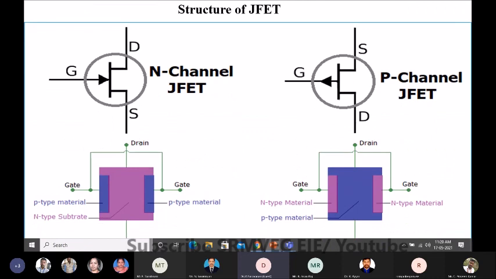Okay, so what is the structure? This is the structure you can see. For an N type, this is the N material and surrounding.